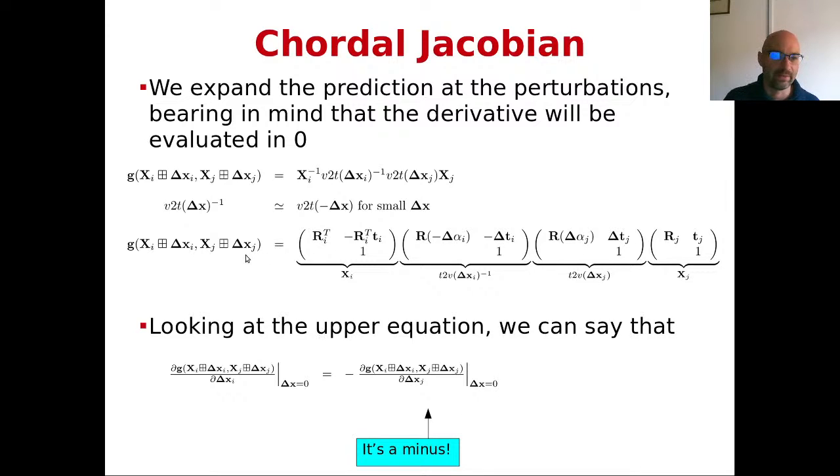So basically the derivative of this function here with respect to xi is equal to the opposite of the derivative of this function here evaluated with respect to xj. And this is a consequence of this statement over here. So it's a good thing, because this means that we don't have to calculate anymore two derivative objects, but we can just focus on calculating one single block, being the other block the opposite. Now there is a mistake in this slide. This is not t to v, it's v to t, also here.